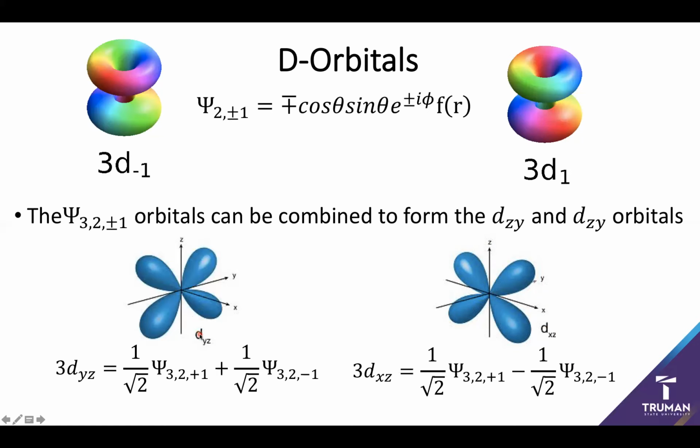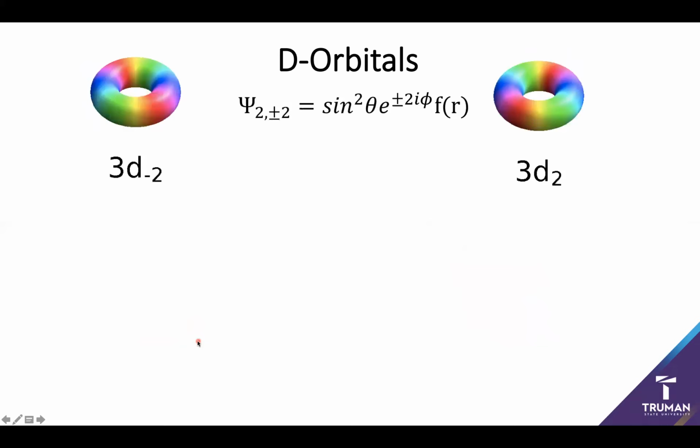Now, that only gives us 3 wave functions so far. So we've got 2 more orbitals to consider. So we have our d-2 and d2. So in this case, all our probability density occurs in a ring around the nuclei. So I have a sine squared theta.